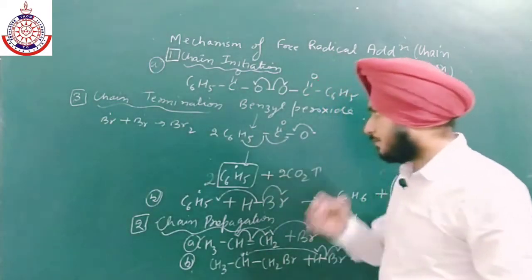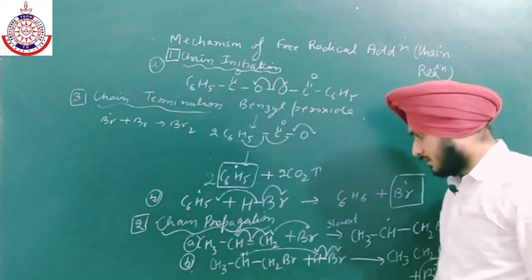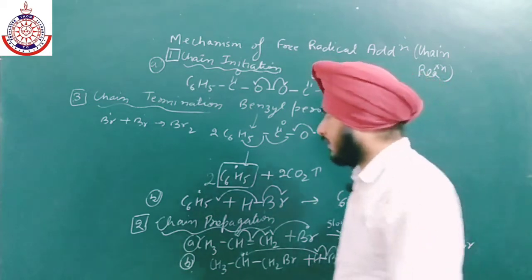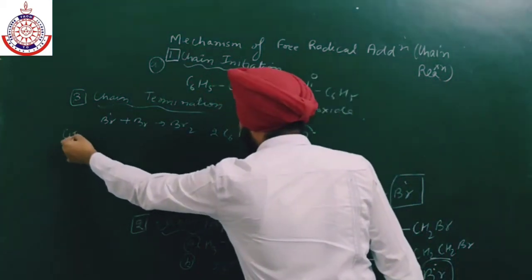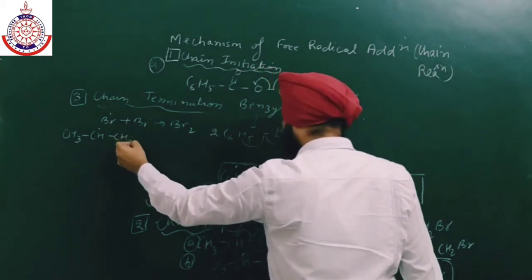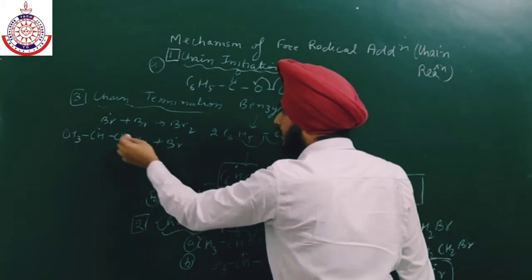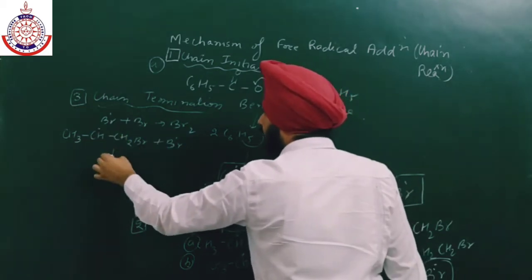Okay, so these are some chain termination reactions. Similarly, Br radical can also attack over here if we have this type of molecule. Okay, so there are some possibilities. So all the possibilities we are writing over here. Okay, so this Br radical can also.